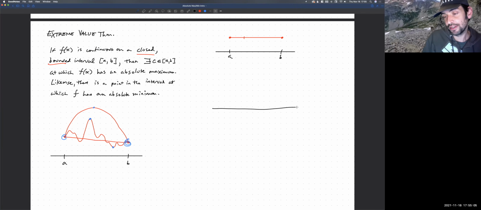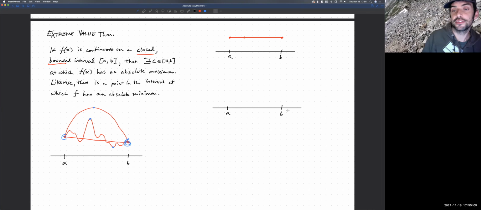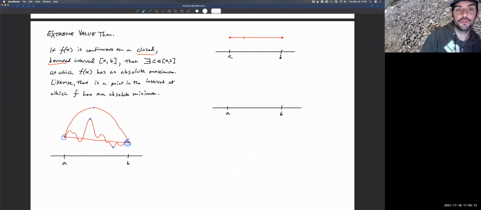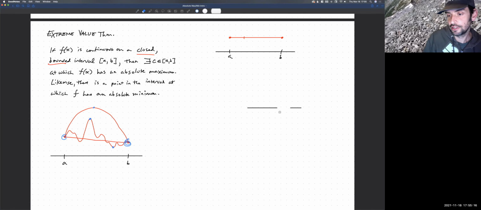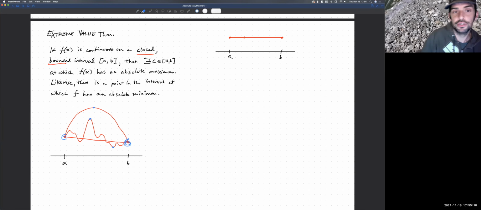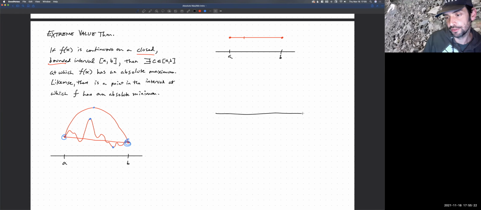Let's see what could happen if it doesn't. Here's a function that's continuous on, let's do a real example. How about we look at tangent of x on the interval negative pi over 2 to pi over 2.